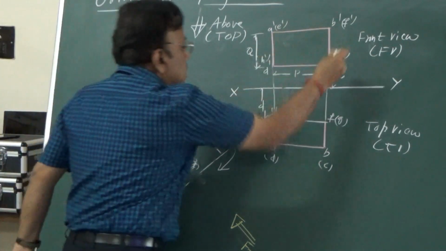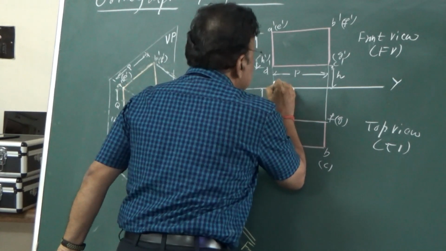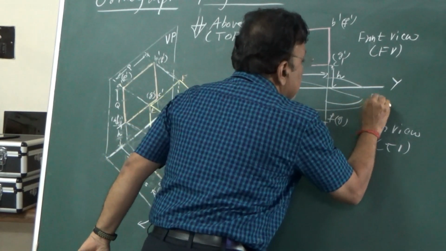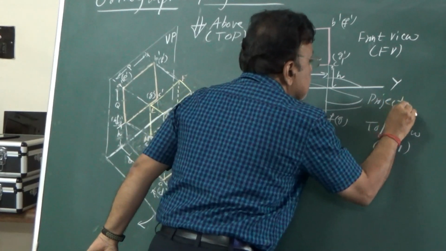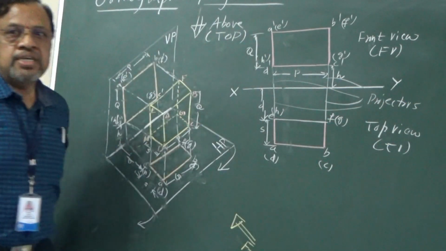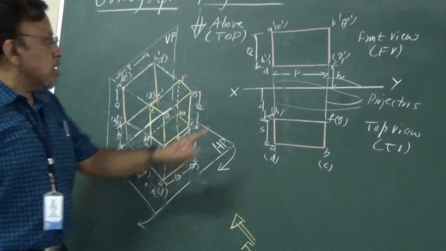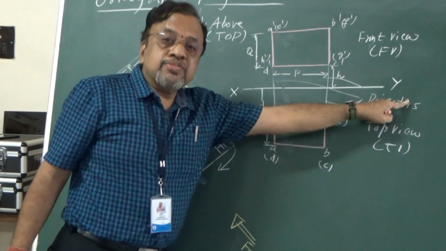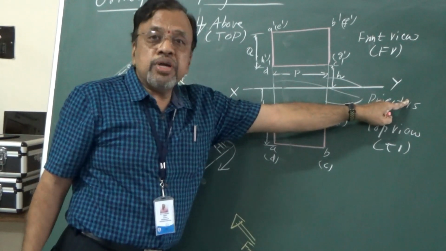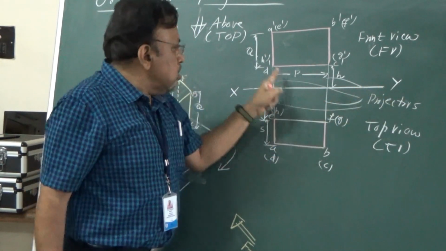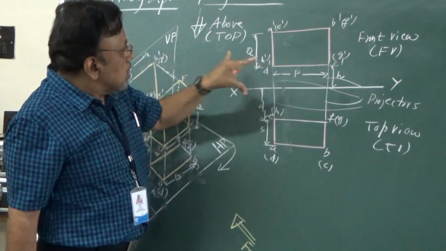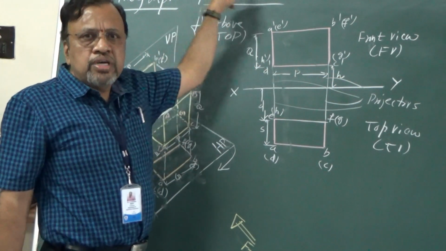That is the reason in the final figure this line, this line, this line and this line are all nothing but projectors. And you can observe one more thing: these projectors are perpendicular to the XY line. What is the XY line? It is the intersection of HP and VP. Since the projectors are perpendicular to the XY line, we consider this projection as orthographic projection.